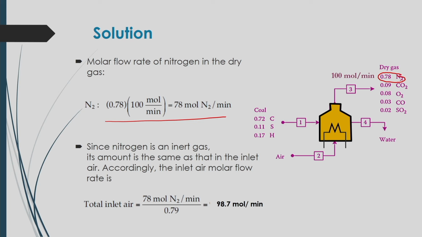Now this nitrogen gas is actually coming from the air which is supplied to the furnace.